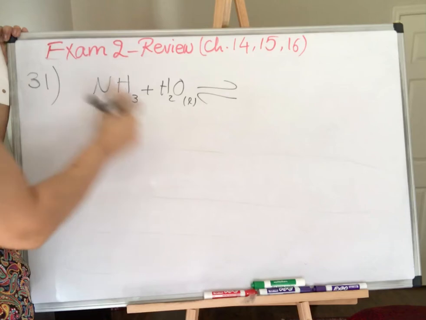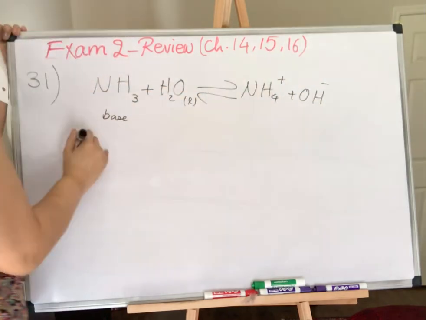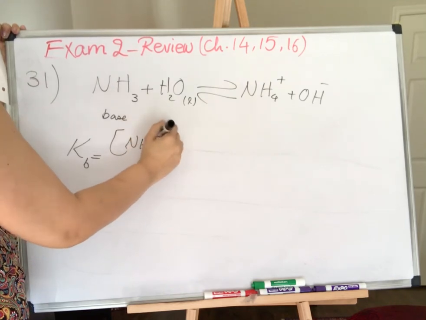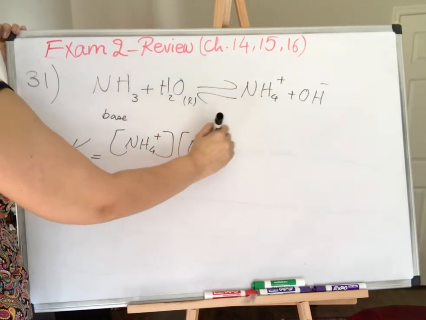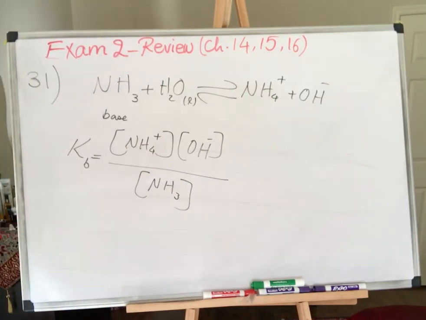So it's going to accept the proton: NH4 positive plus OH. So Kb is going to be NH4 times OH divided by NH3. Which one of them is showing this? A, correct? Am I right? No, I'm sorry, that's D. D shows the same equilibrium constant expression.